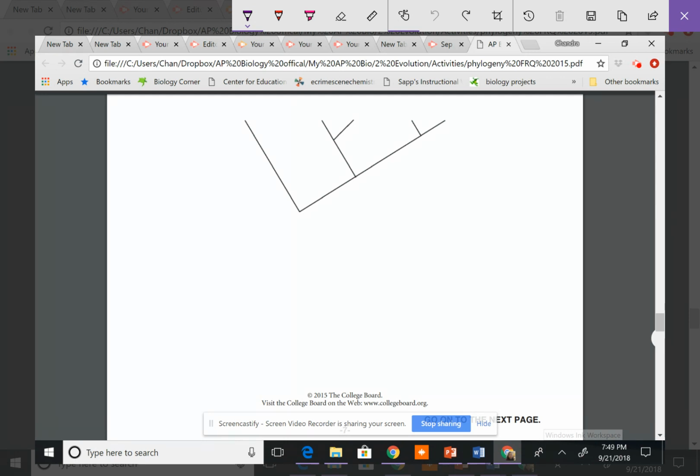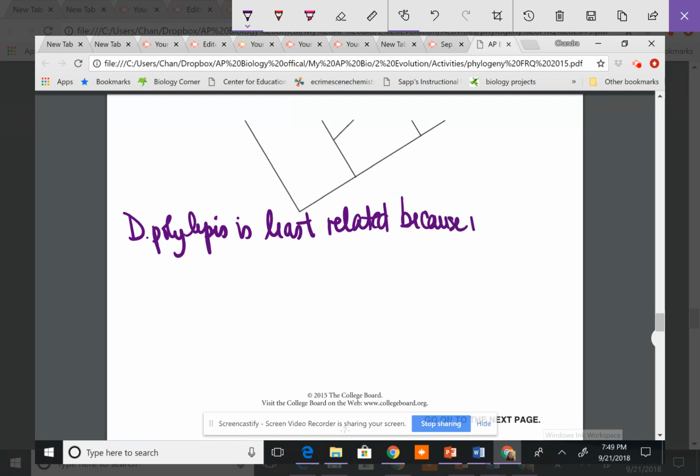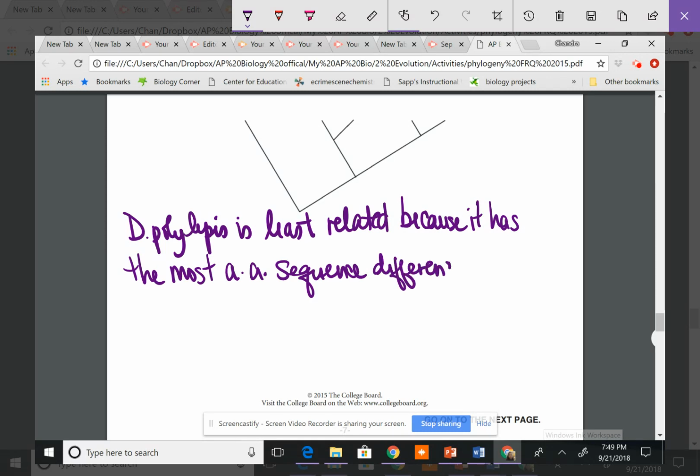D. Polylepis is least related because it has the most amino acid sequence differences compared to the other 4 groups.